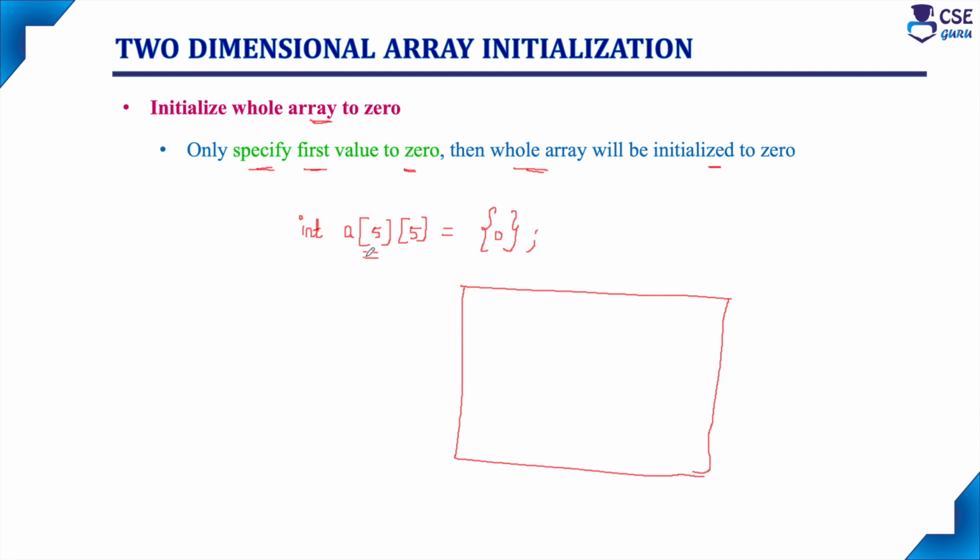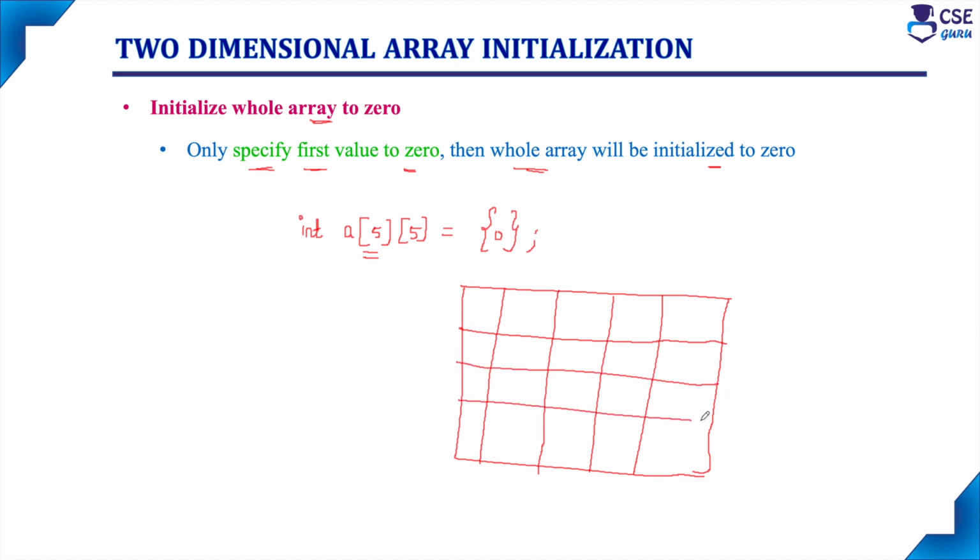So the declaration will allocate the memory size. So 5 rows and 5 columns will be created, and memory will be allocated for them. But if you are initializing with 0, automatically all the memory locations will be initialized, that is, the values will be set to 0.